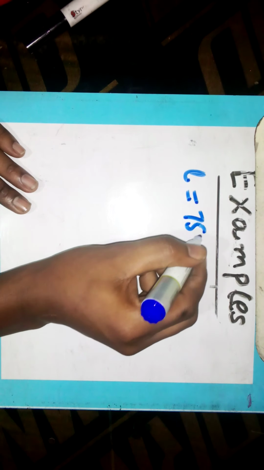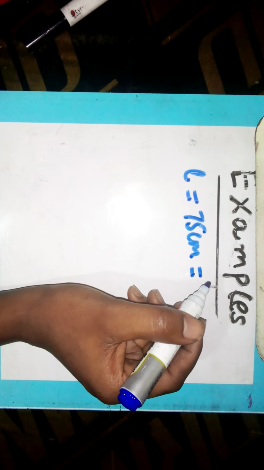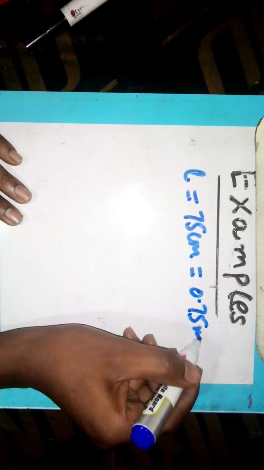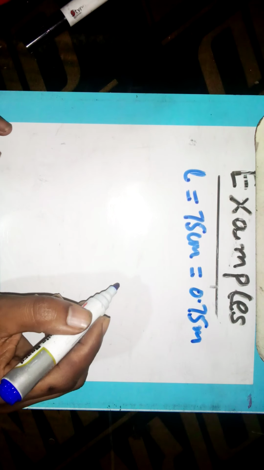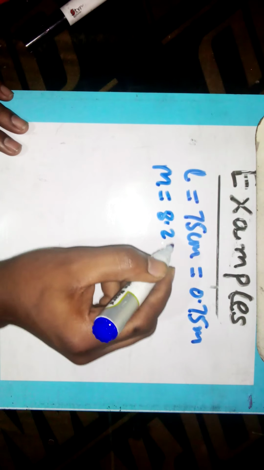Let us go directly to the data given. A string has a length of 75 centimeters. We change it to meters, and we get 0.75 meter. Another thing we have is the mass, m, 8.2 gram.